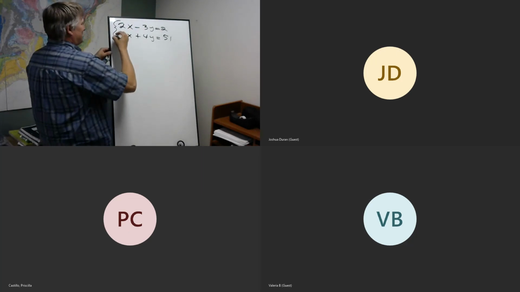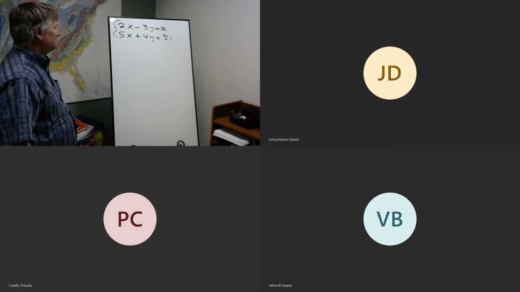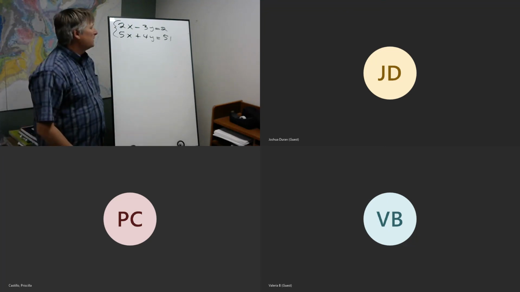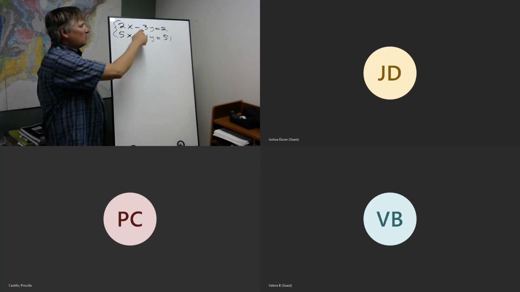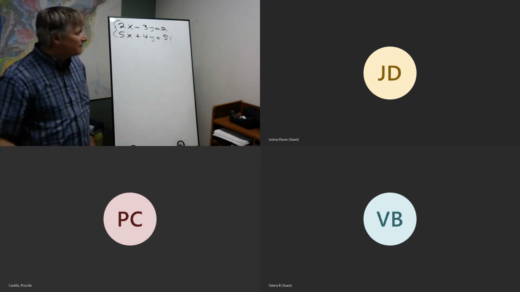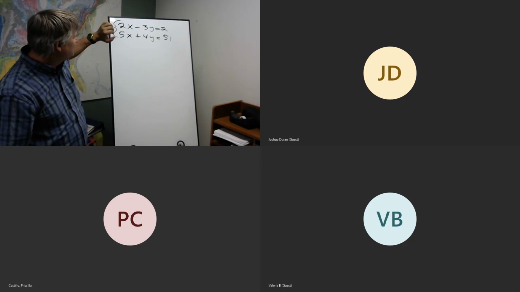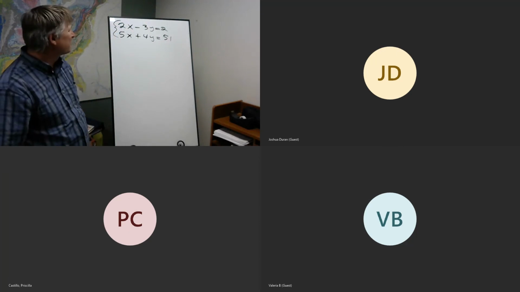So let's say this is your system. Now, you could use fractions here if you wanted to. Like if you multiply everything through by negative 5/2 in this first equation, you could get negative 5 and 5, they would cancel. But you're going to get some messy fractions over here.